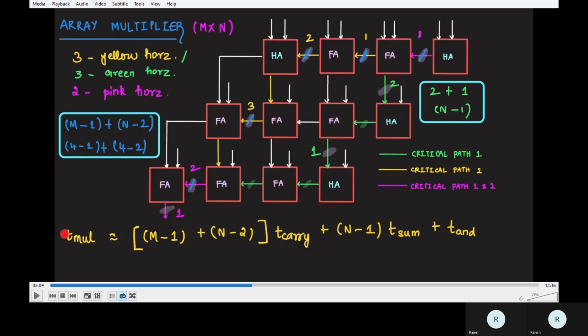If n is 4, you have 4 rows. So the delay is related as n minus 2 because of this 1 and this 2. Okay, this 1 and 2 is written as n minus 2, which is 4 minus 2.